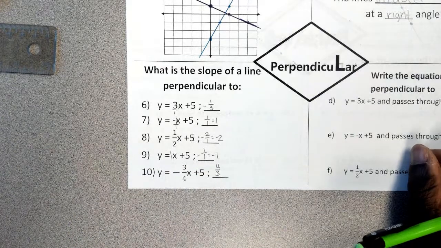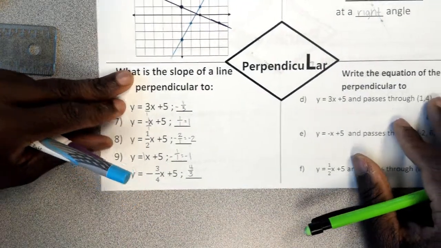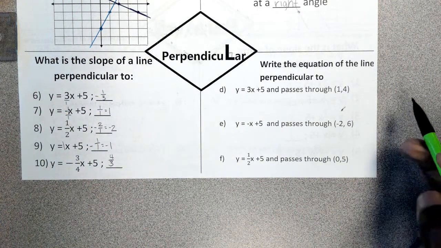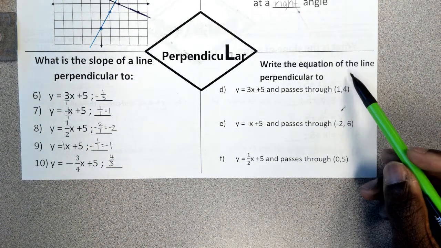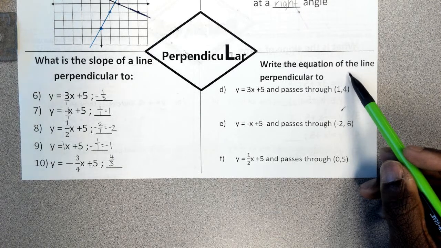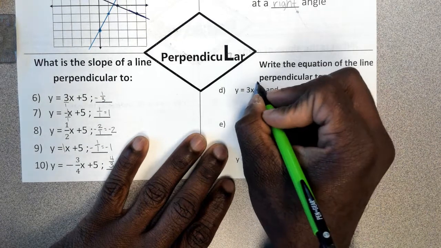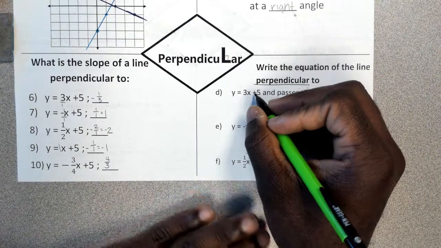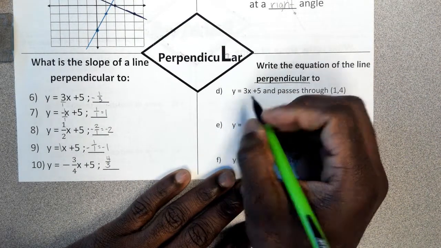Alright. So the same way as in the parallel lines, we weren't given the slope, but since we know that it's perpendicular, we know that the slope of the new line is going to be opposite and reciprocal of the slope we're given.